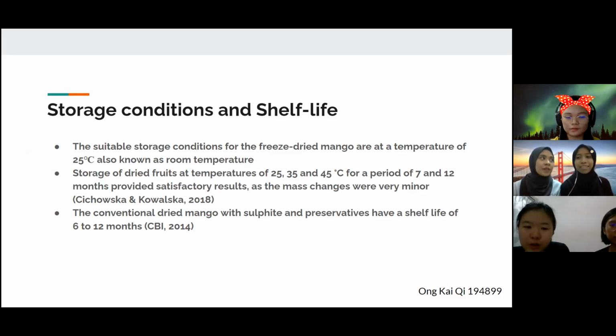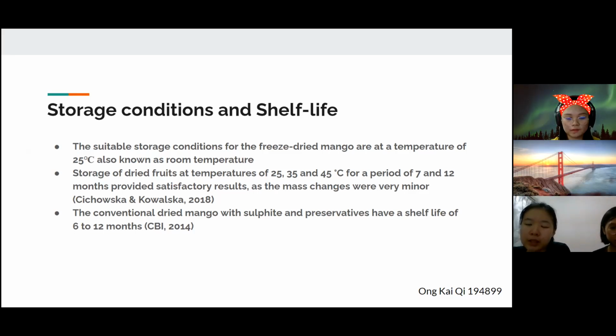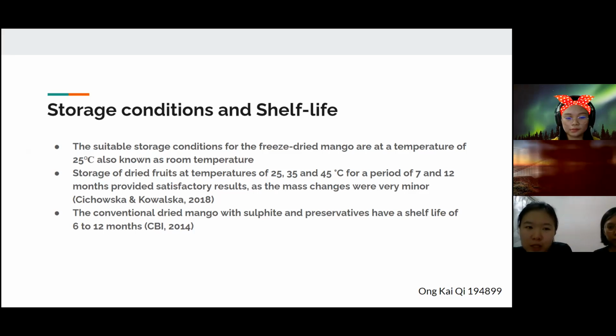Conventional dried mango, to which some add sulfite and preservatives, has a shelf life of 6 to 12 months. So our product will have a shelf life of a minimum of 6 months if it is stored at 25 degrees Celsius.